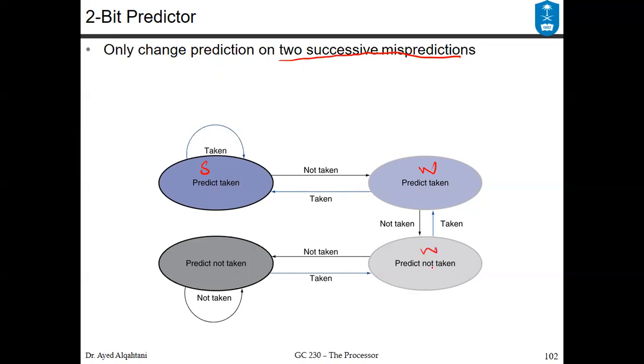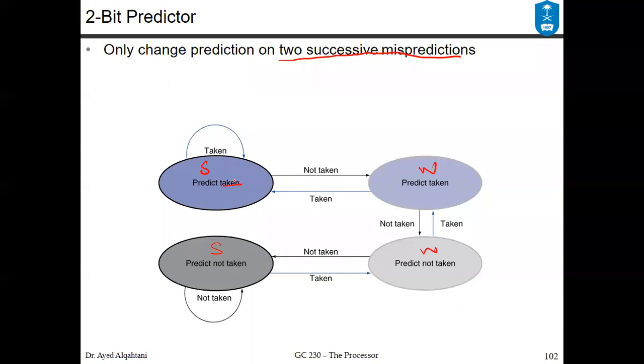This is a weak not taken, and this is a strong not taken. So in the strong predict taken and the weak predict taken, both of them, the prediction is taken. And in these two, both of them, the prediction is not taken. However, the change is a little bit different.